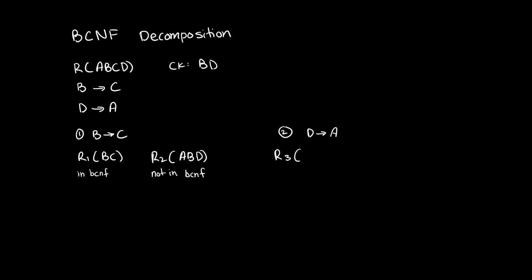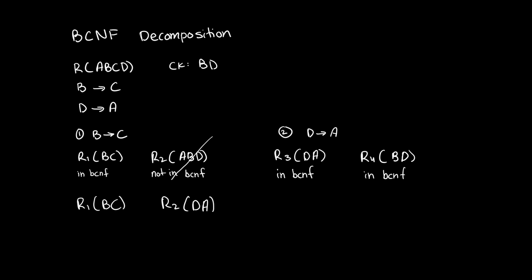So we decompose into DA and ABD minus A, which is BD. The final relations are BC, DA, and BD, which all satisfy BCNF, so the decomposition is complete.